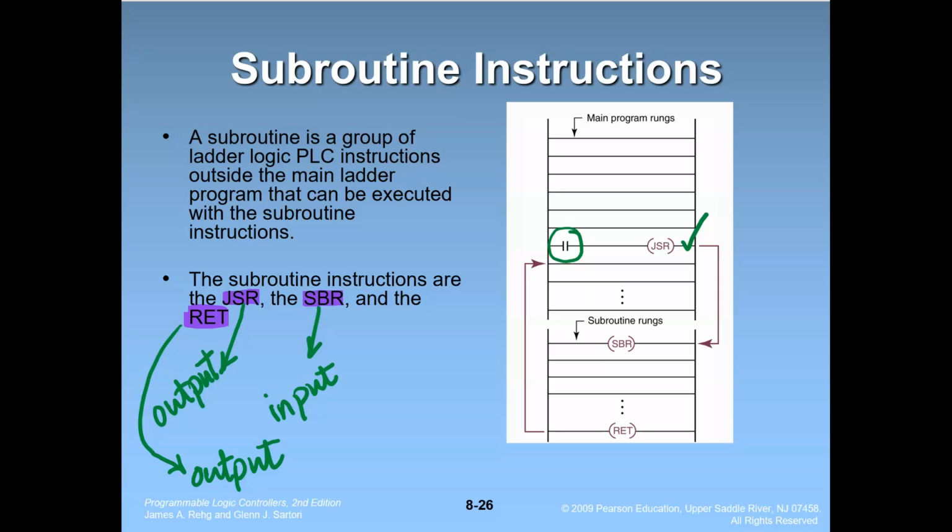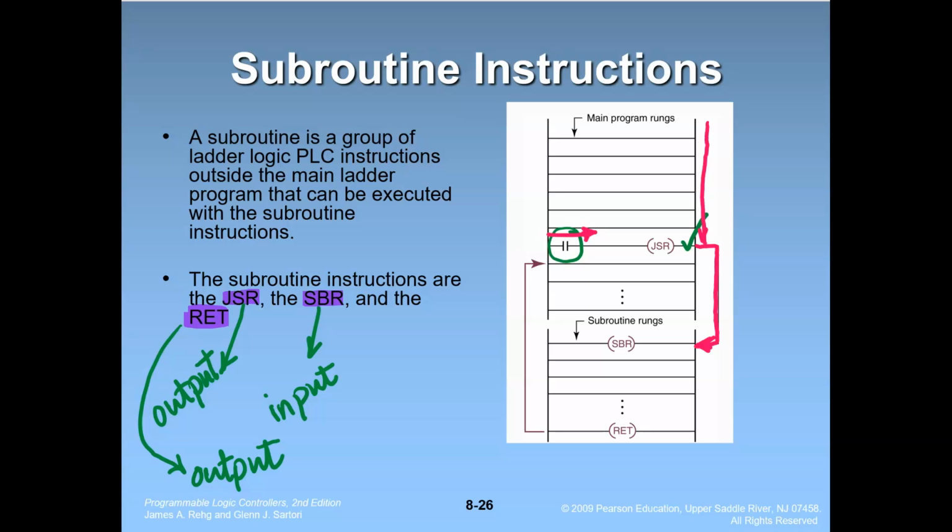So let's look at how the program will be executed. The program will be started from the beginning, and it reaches this particular rung. At this point, because JSR is active, so we have continuity over this instruction, then it will jump to SBR, which is used at the beginning of the subroutine program.